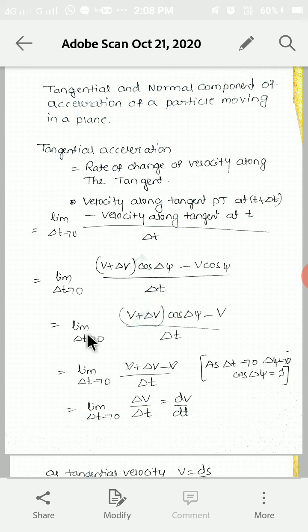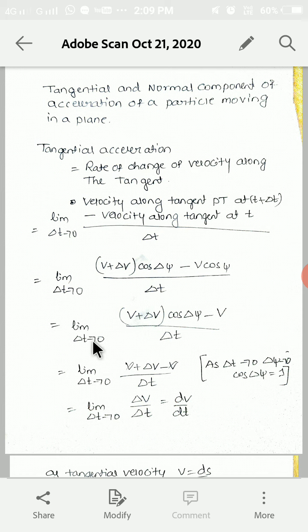At time t, psi is 0, so cos 0 is 1, so this becomes only v, divided by delta t, limit as delta t tends to 0.